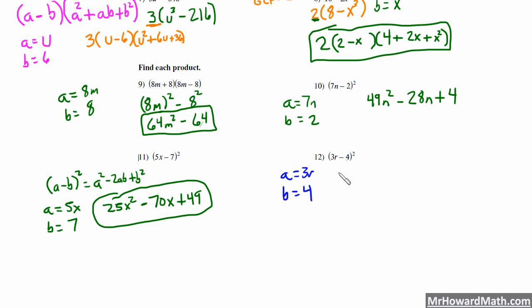So it's going to be a squared, so 3r times 3r, that's 9r squared, minus 2 times this, so 2 times 3r times 4, so that would be 2 times 3 is 6, times 4 is 24, so it's minus 24, stick the r on the back, and then it is a plus right here always, and it's b squared, so that would be 4 squared in this case, which is 16. So we have 9r squared minus 24r plus 16, and we are done.